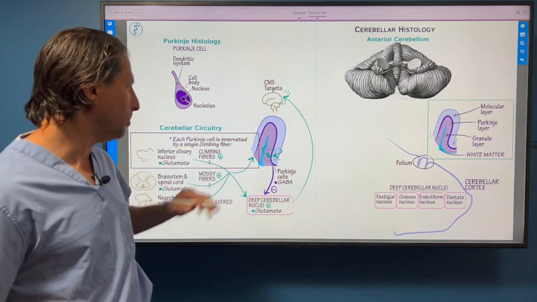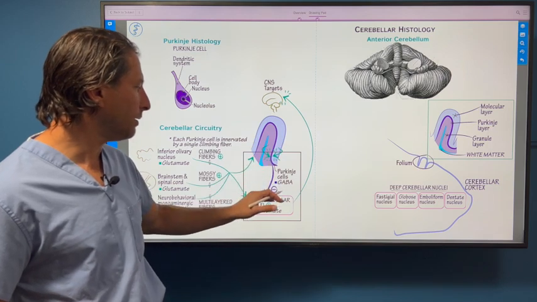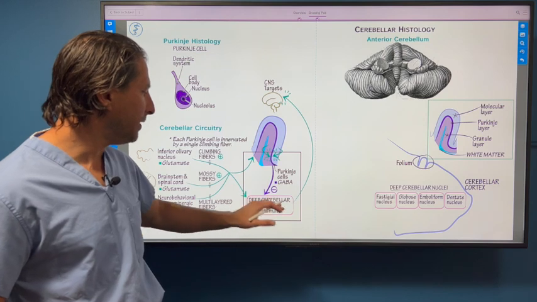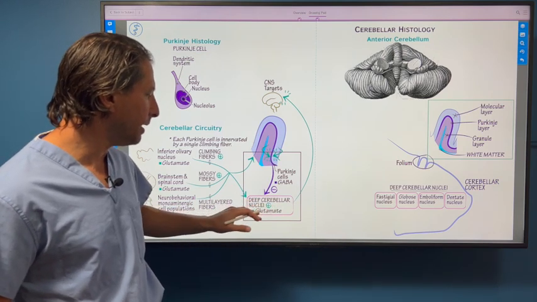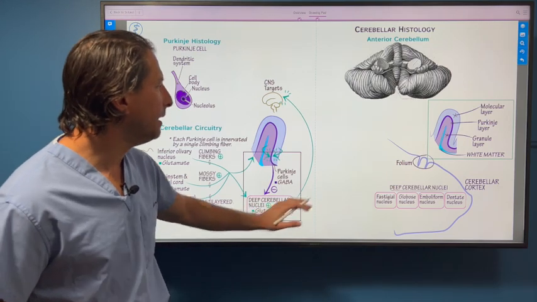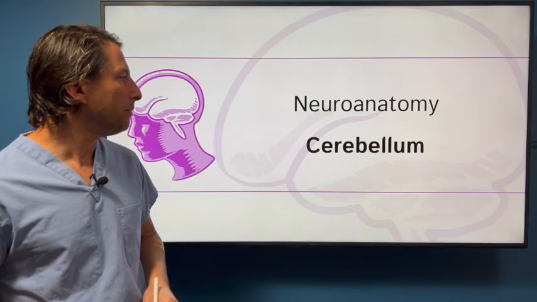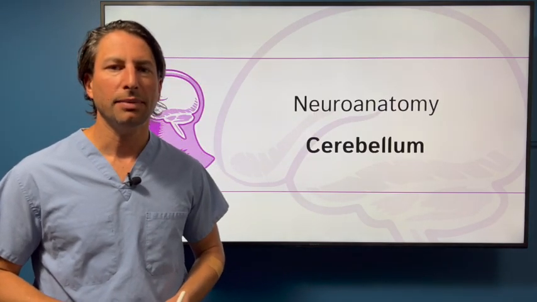That's a high-yield board topic. And then the other thing is that these Purkinje cells have GABAergic inhibition of the deep cerebellar nuclei. Remember, we said the deep cerebellar nuclei have this glutamatergic efferent innervation of CNS targets. So that's just some high-yield information on cerebellar anatomy.